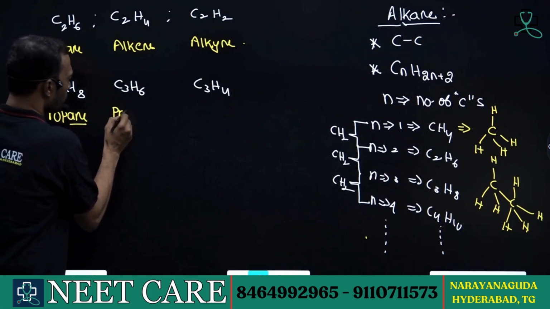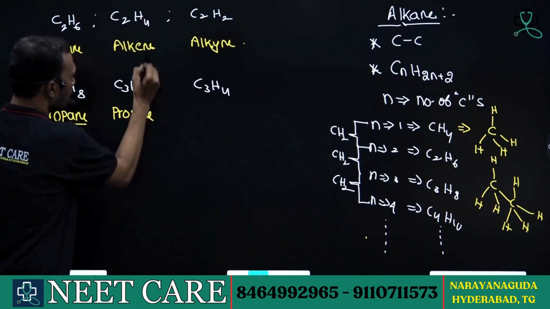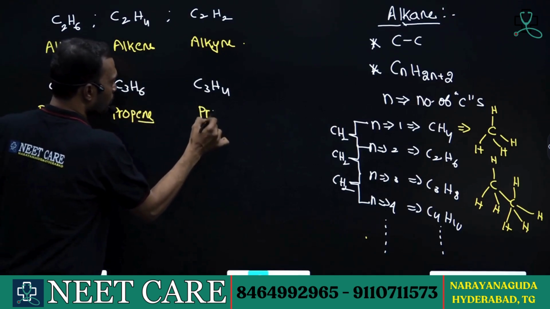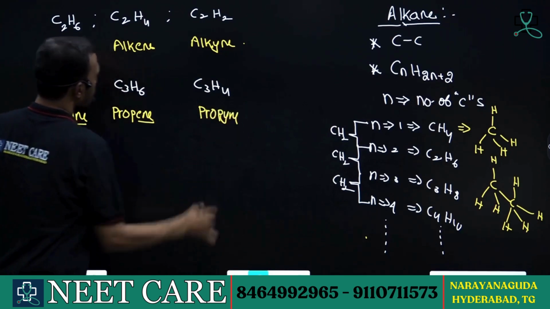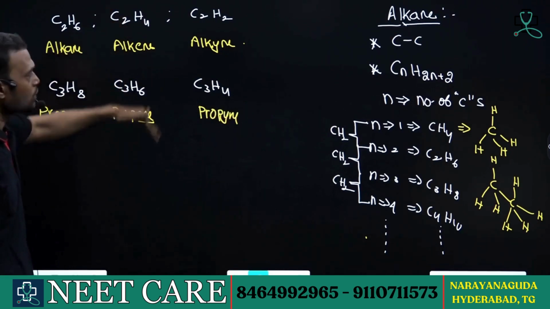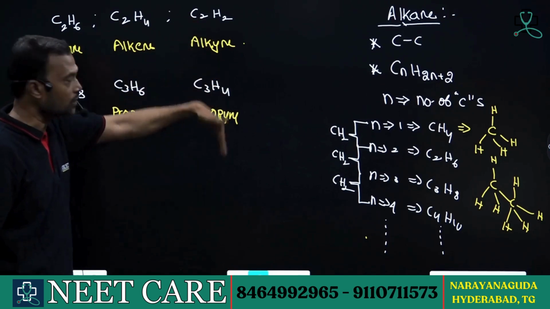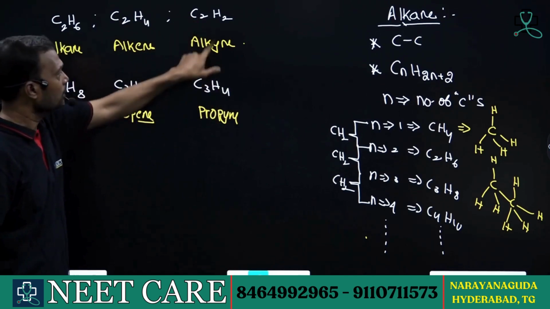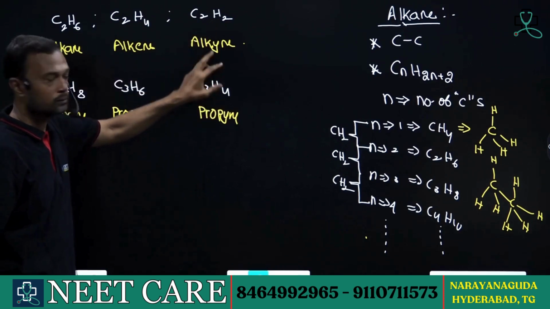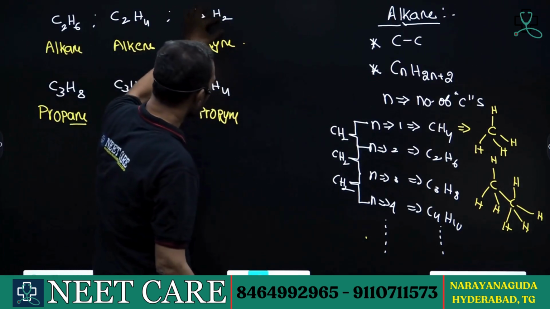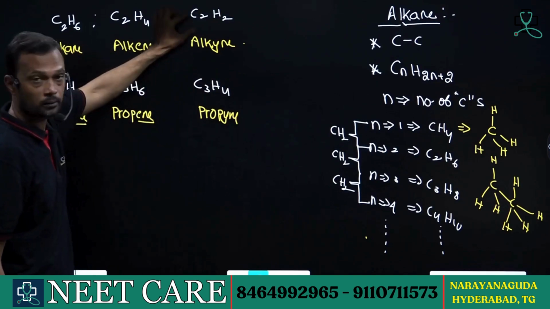Here it is propene, ene, nothing but alkene, followed by propyne. So it is a homologous series of alkenes, and a homologous series of alkanes. Regularly, 2 carbon, now 3 carbon, CH2, CH4. Here also the same case: you observe 2 hydrogens differ with 1 carbon.